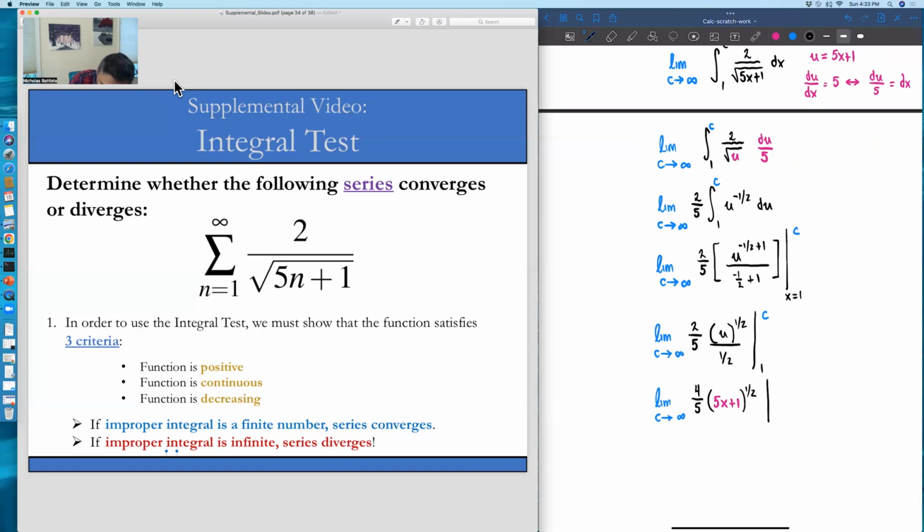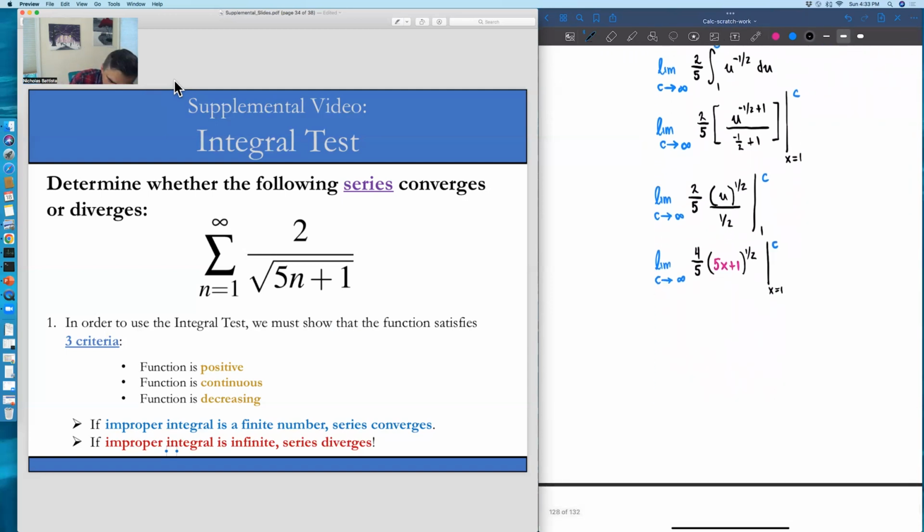And then we're going to finally evaluate this at our integration bounds. The bounds, again, from x equals 1 to c. So let's plug in the bounds next. So we have the limit as c goes to infinity, 4 over 5 times, plugging in the first bound, which is c.